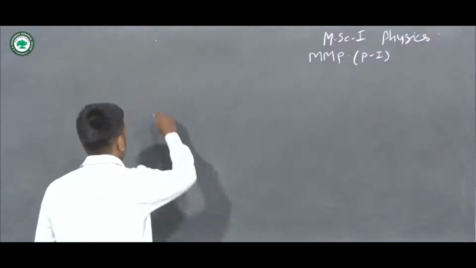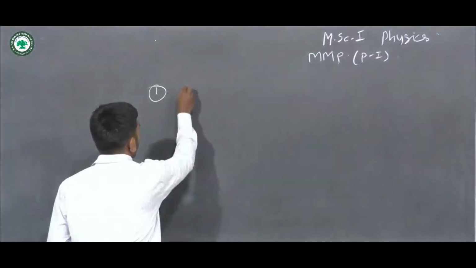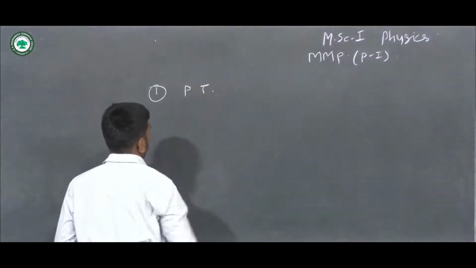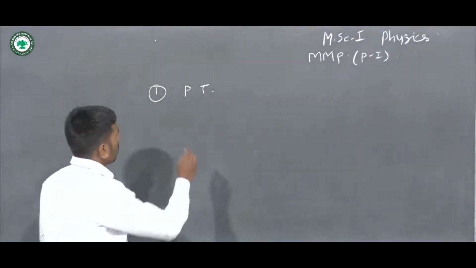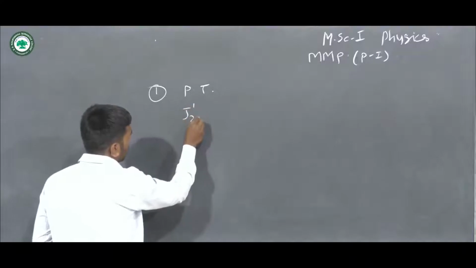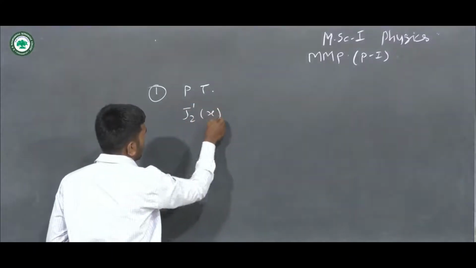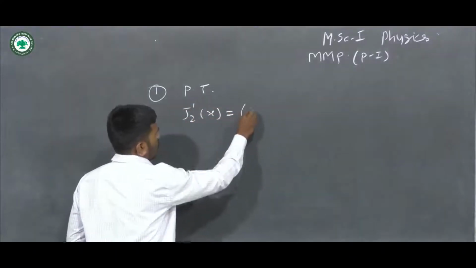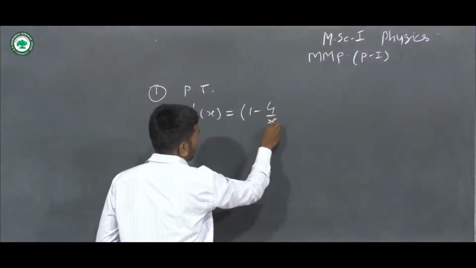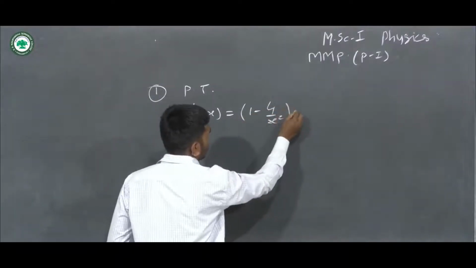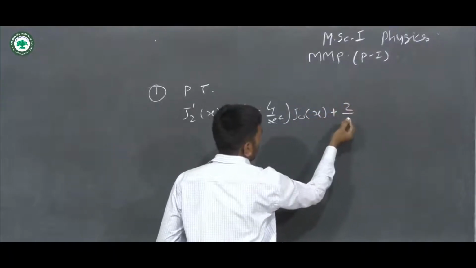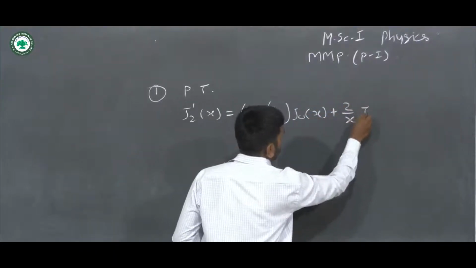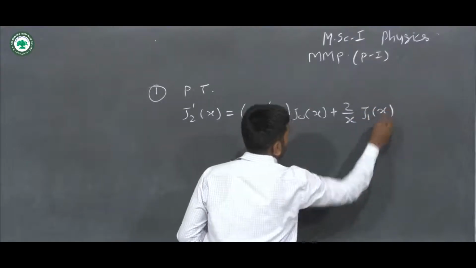Okay. So first example, prove that J prime 2 of x is equal to (1 minus 4 by x square) into J naught x plus 2 by x into J1 function of x.